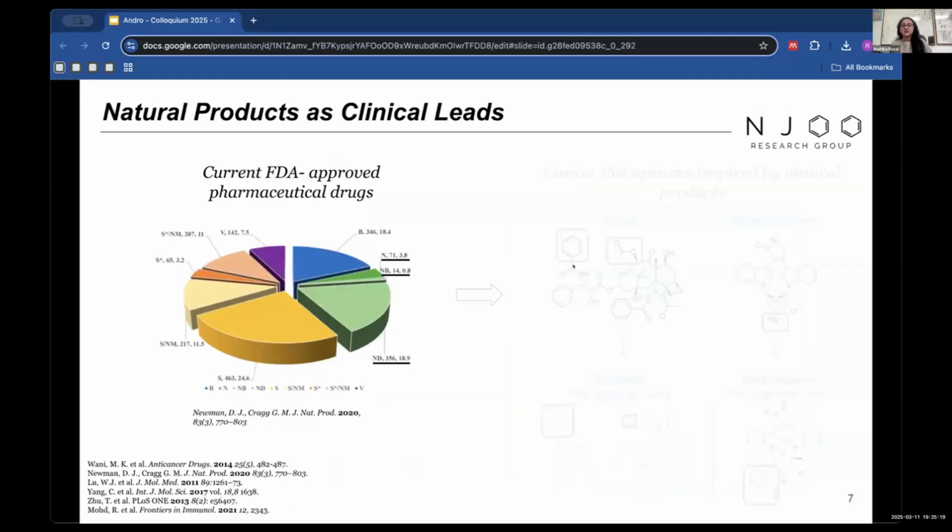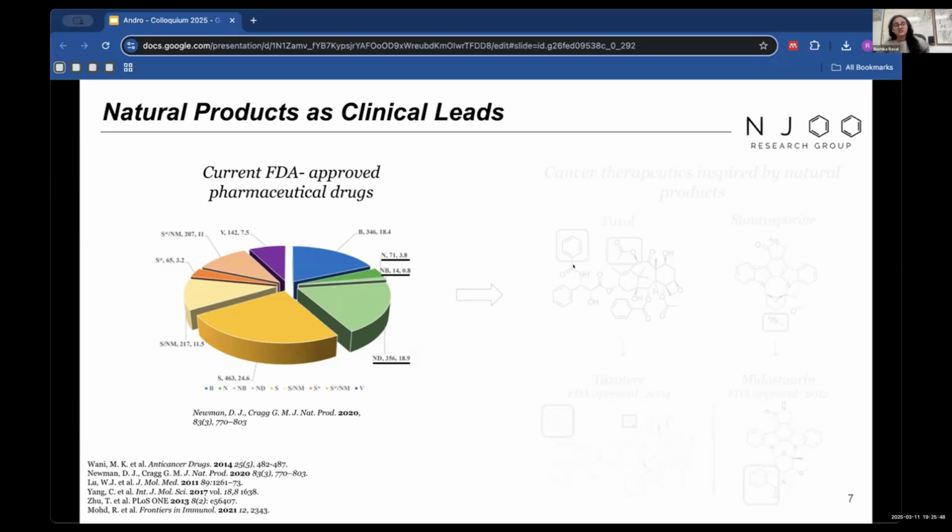Stepping back, many projects in our lab have focused on natural products, whether through the biological evaluation of them or their synthetic complexities. Much of this inspiration comes from a statistic on FDA-approved drugs: about 4% of FDA-approved drugs are natural products, and over 20% are natural product derivatives.